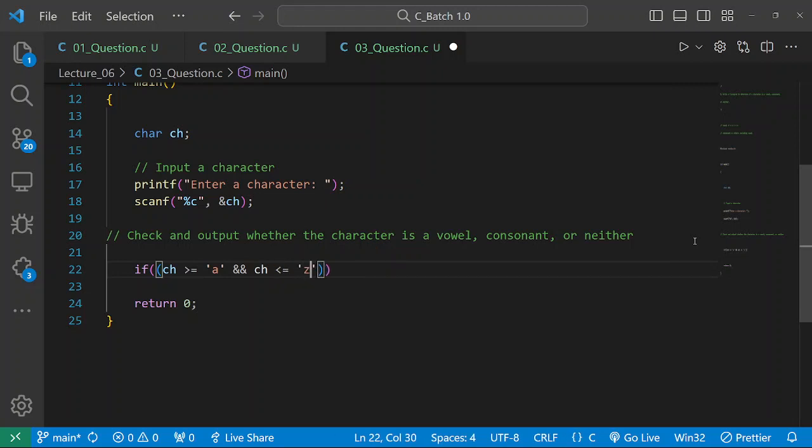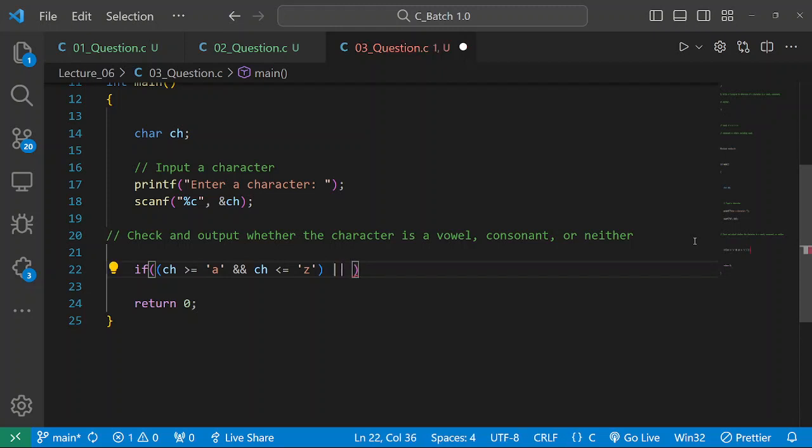This is the condition to traverse between a to z small letters. This is the first condition. Is it clear? Yes or no?